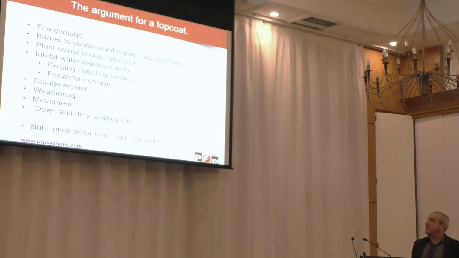Deluge erosion is easily identified if you've got a top coat, not so much if you've just got a cement finish. There's also weathering movement, and once you put a top coat over, it highlights any down and dirty application.